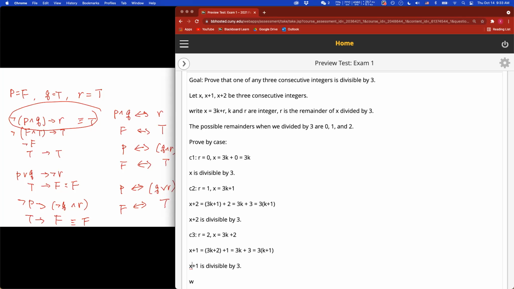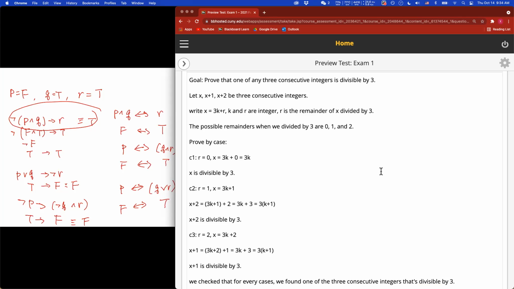Right, so here we checked that for every case, we found one of the 3 consecutive integers that's divisible by 3.